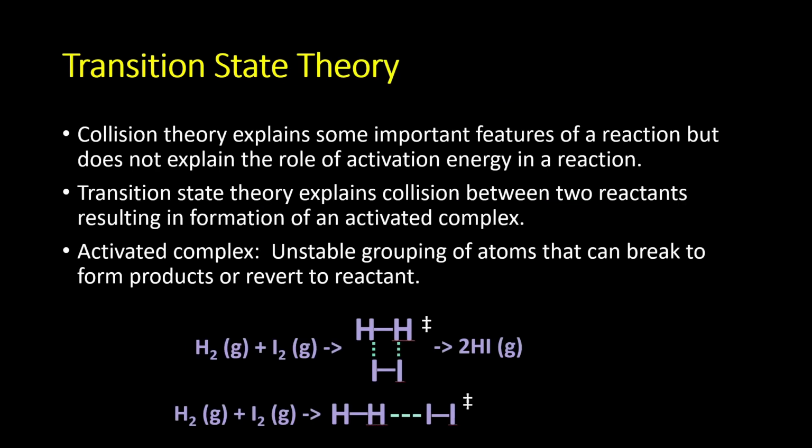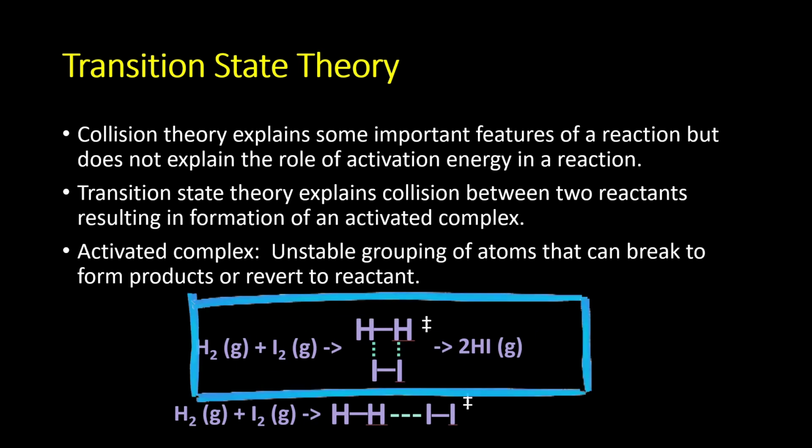Though collision theory explains some important features of a reaction, it does not explain the role of activation energy in a reaction. Transition state theory explains collisions between two reactants resulting in the formation of an activated complex or transition state. An activated complex is an unstable grouping of atoms that can break to form products or revert to reactants.